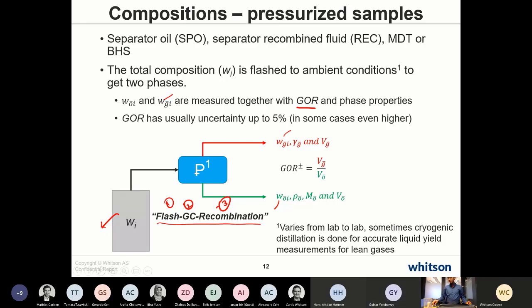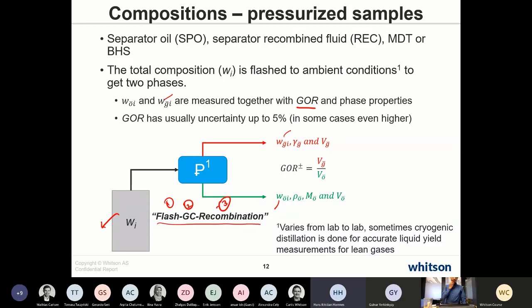It should not affect the total composition. If you are doing the flash at elevated temperature, then maybe your flashed oil composition or flash gas composition will be different than what you get at ambient condition. But your GOR will also change based on the flash temperature, I guess. Yes, Hans, that's correct.